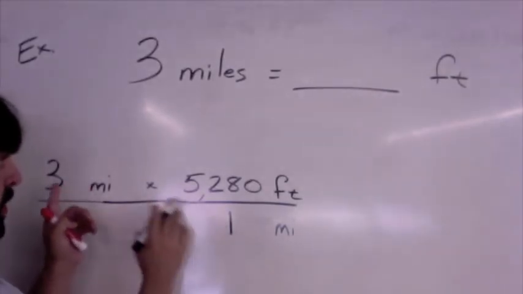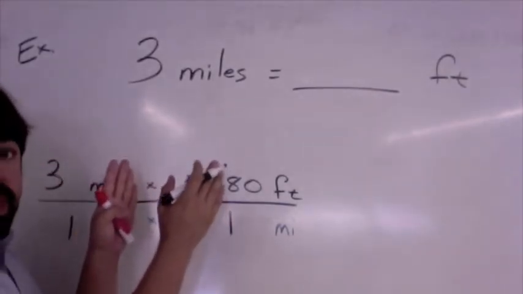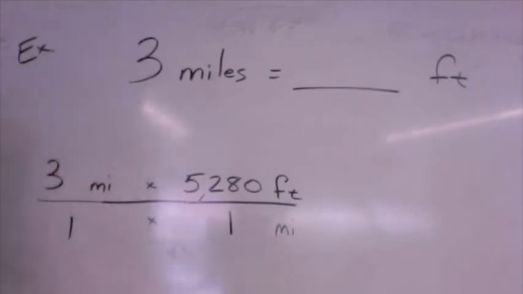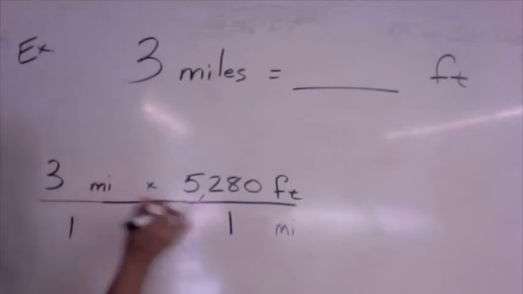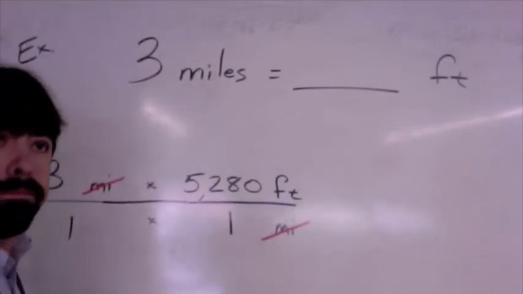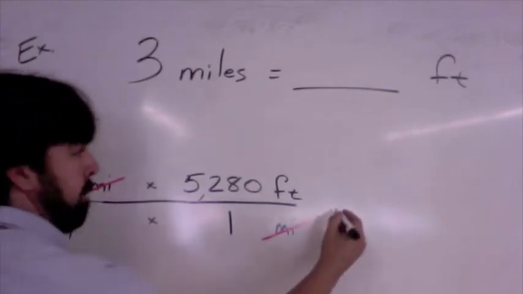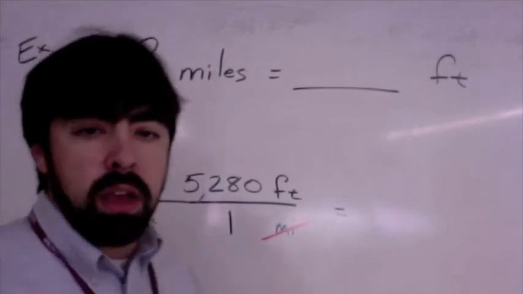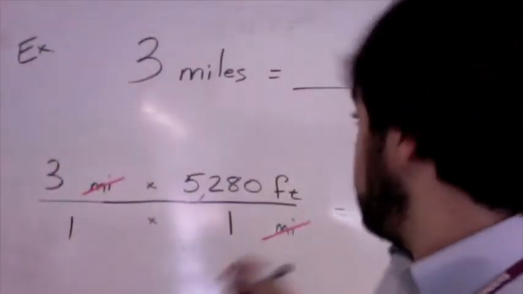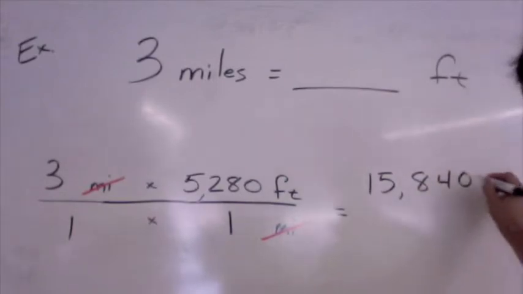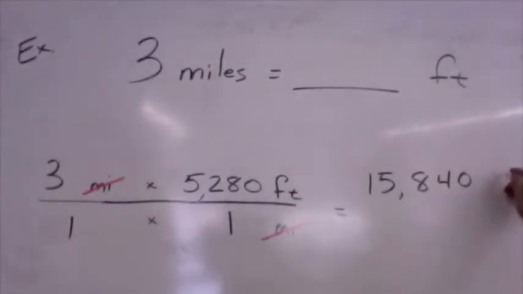And if you have something on the top that's the same on the bottom, you're allowed to cancel it. So look, there's a mile up here and a mile down here. Those go away. Now what are we left with? Well, let's see. 3 times 5,280. You can do that in your calculator. That's going to be 15,840. The feet carry over.